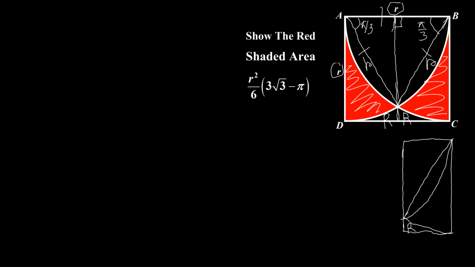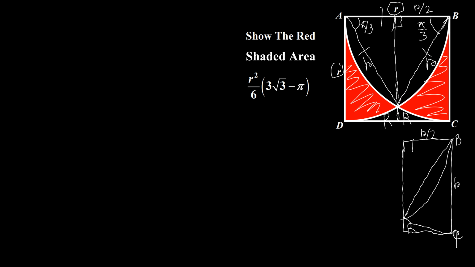This is R from the above diagram. Half of the square's side is definitely R by 2, so we write R by 2 here, and this is the side R because BC is also R. In the middle, we drew a line from the midpoint of AB to the midpoint of DC, and the total length is R.